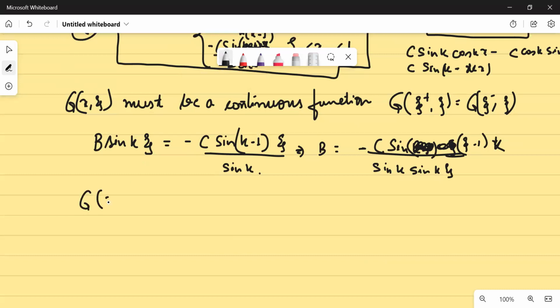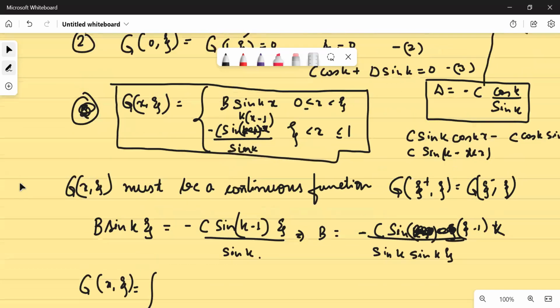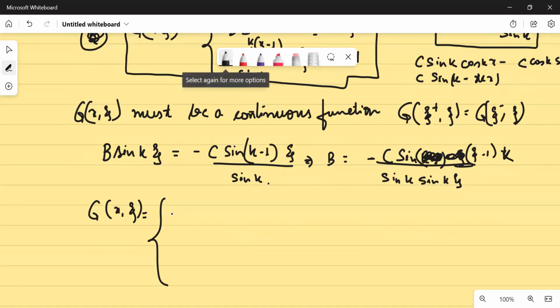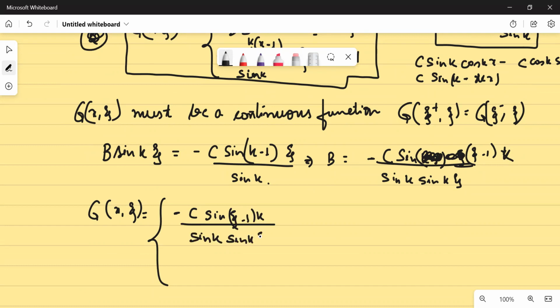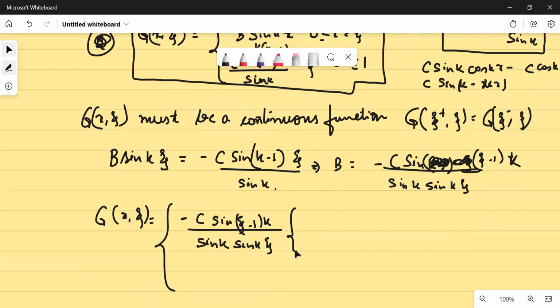So I will write G(x, zeta) all over again, and that will be equal to c, so instead of b you just write c. The expression will be like c sine of (zeta minus 1) k divided by sine k, into sine k zeta, and then you have sine kx, where x lies between 0 and zeta.